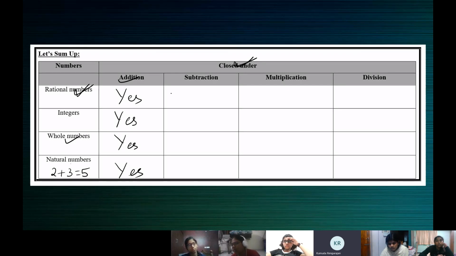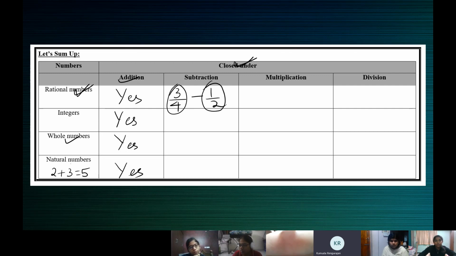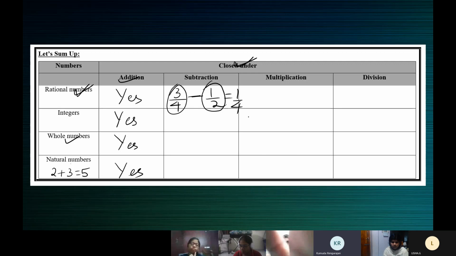If you take two rational numbers, let me take some easy ones like 3/4 and 1/2. 3/4 is a rational number and 1/2 is a rational number. Now the difference of these two is also a rational number. When you find the difference, you will get 1/4.